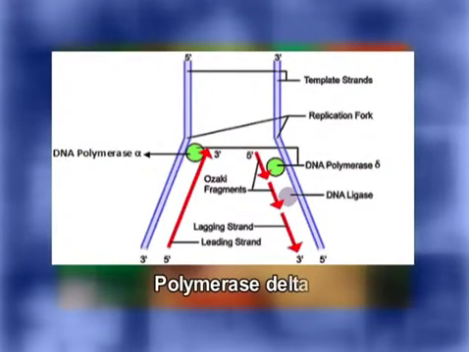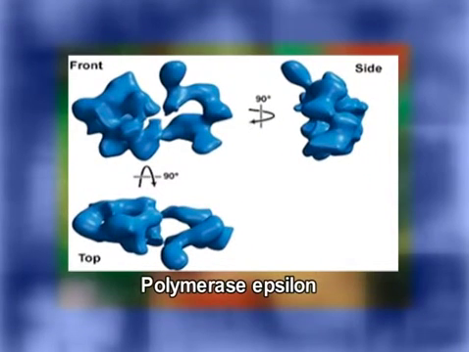Polymerase delta has a leading role in lagging strand synthesis. Polymerase epsilon is involved in leading strand elongation besides polymerase alpha. Both polymerase alpha and polymerase epsilon are highly processive and have proofreading, that is, 3' to 5' exonuclease activity.